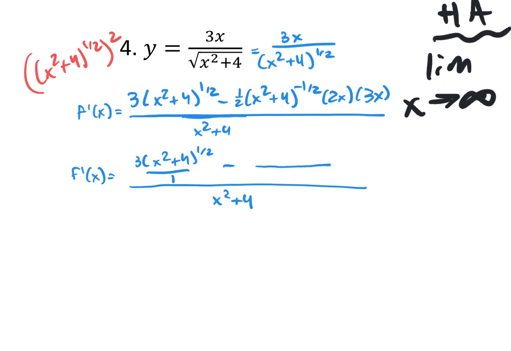On that right side, I know there's going to be that 2x and that 3x. So really, that all ends up as 6x squared here on the top.